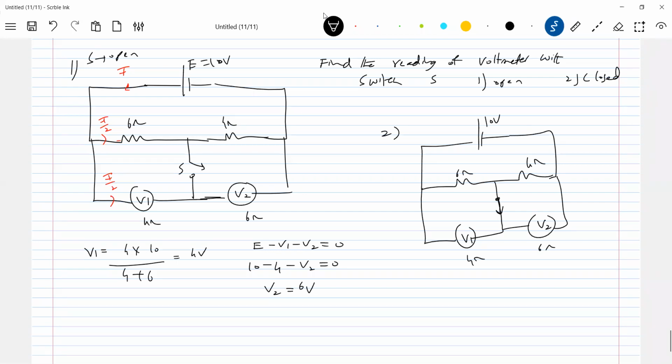So 6 ohm parallel to 4 ohm will have some value, and 4 ohm parallel to 6 ohm will also have a value equal to that. So now the drop will be V1 dash and V2 dash. The effective resistance will be the same, so V1 dash equals V2 dash, in fact equal to 5 volt.